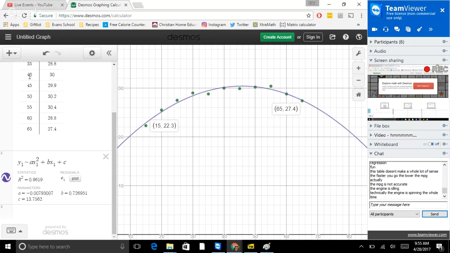So if I wanted you to predict the miles per gallon that I'm going to get at 53, I'm going to have a pretty good prediction that I'm going to get about 30 miles per gallon.